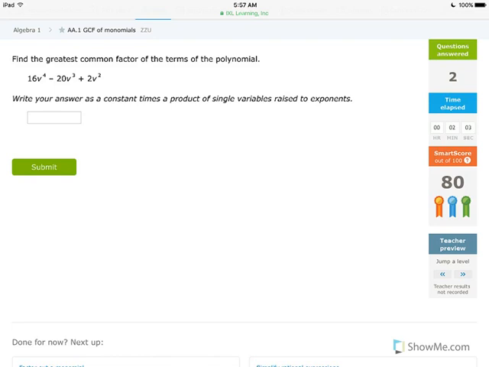And here's another one. So again, we're just looking for the greatest common factor. Technically, it's expressed as a polynomial with addition and subtraction between the terms, but for this lesson, we're just focusing on the different terms. So we have 16v to the fourth, 20v to the third, and a 2v to the second.